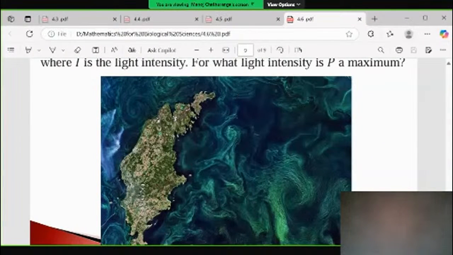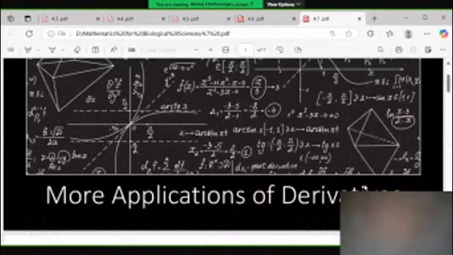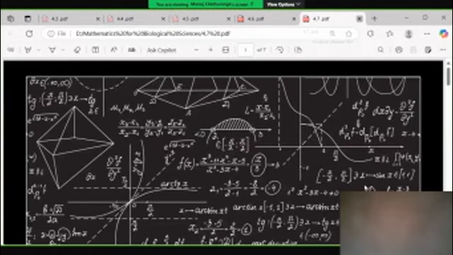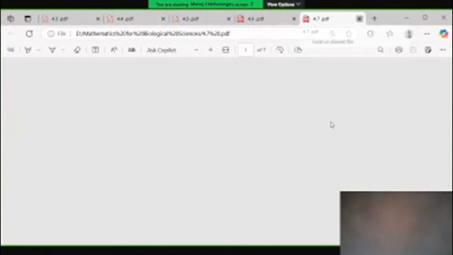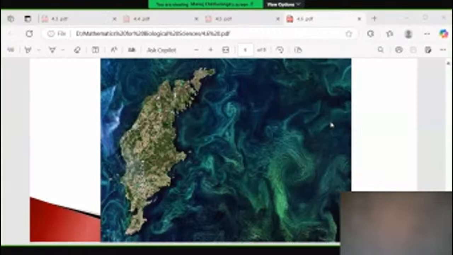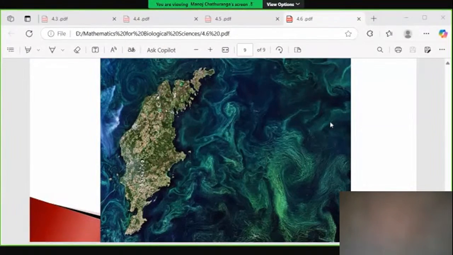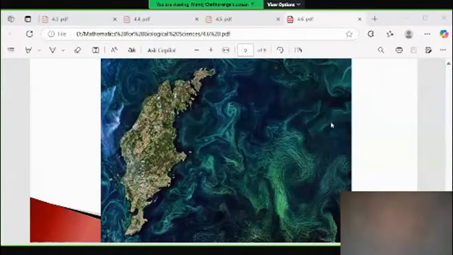So this is the end of 0.6. This is the end of our discussion on applications of derivatives. Next time we'll discuss something else. We still have to do, and it is a relatively short chapter.